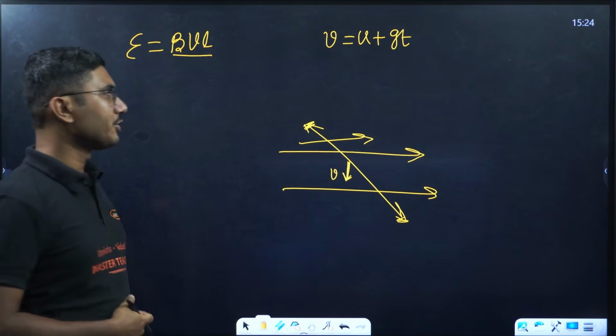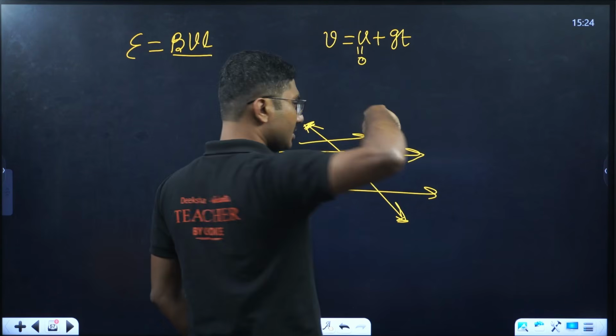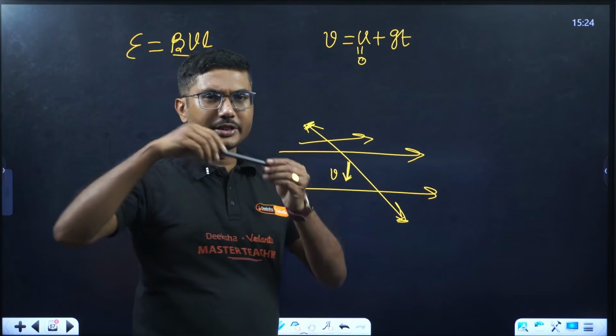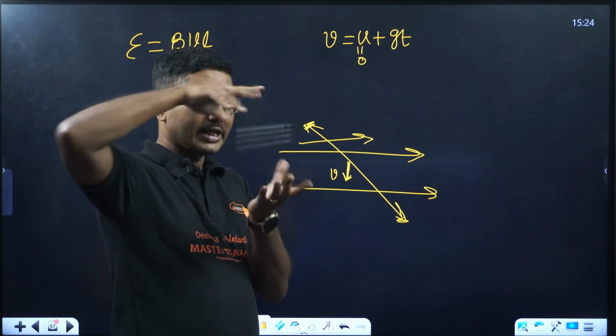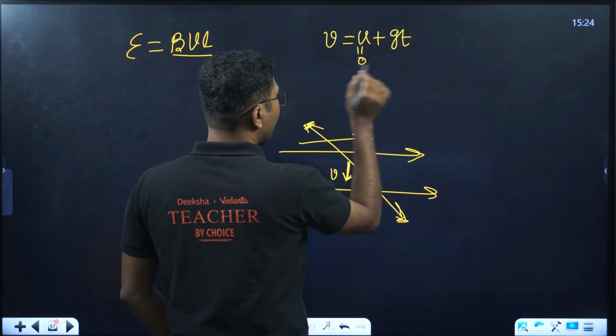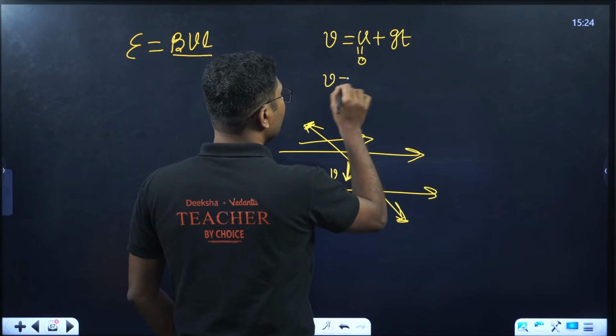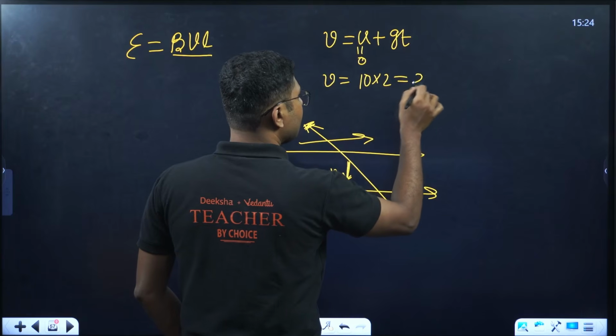Initially it starts from rest, so its speed is 0. So V equals 10 into 2, that is 20 meter per second.